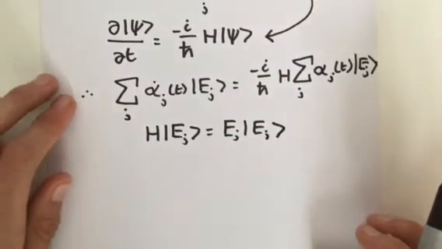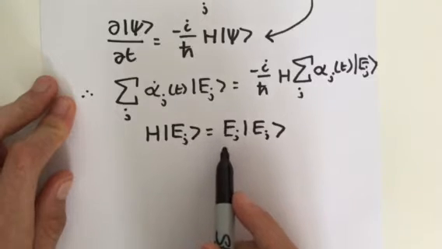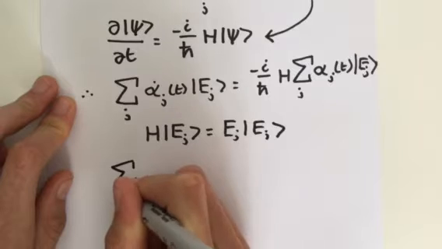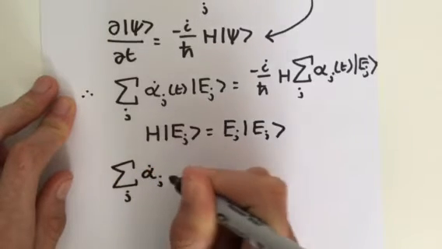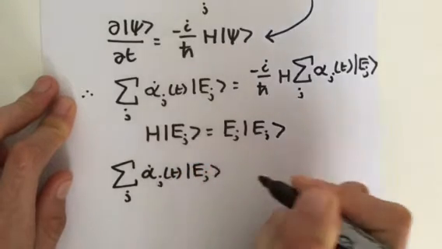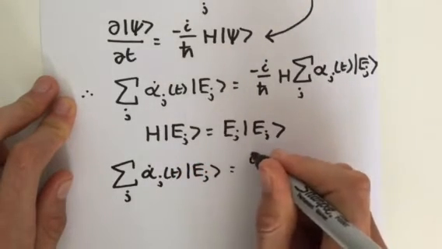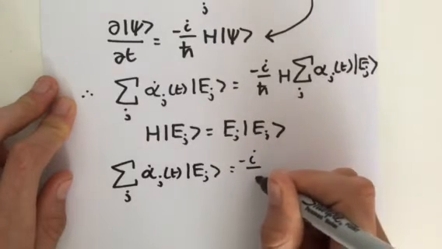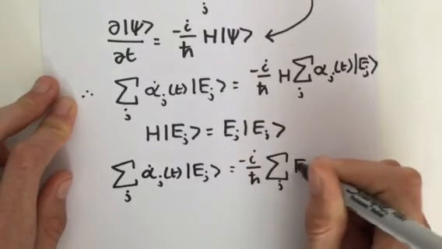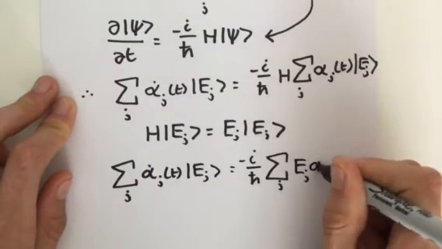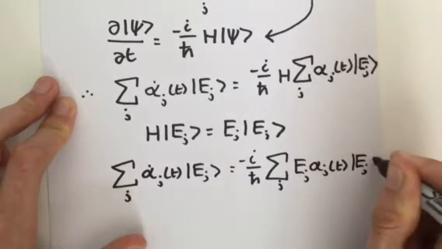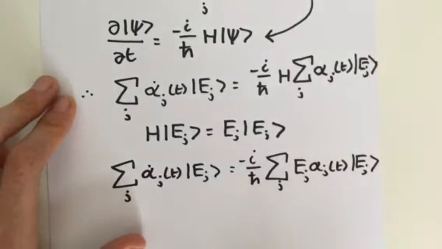So if we use this equation here, we therefore get the sum over j of alpha dot j times Ej, and this is going to equal minus i over h bar times the sum over j of Ej times alpha j of t, multiplied by the eigenvector Ej.